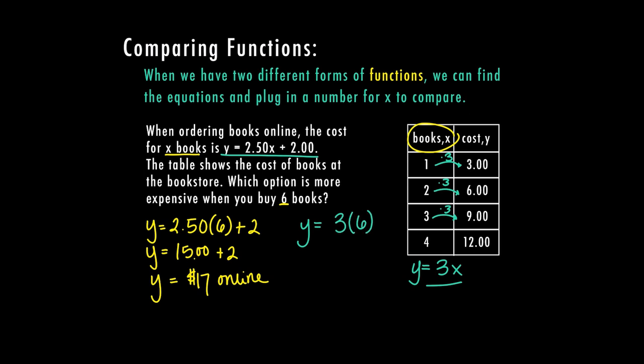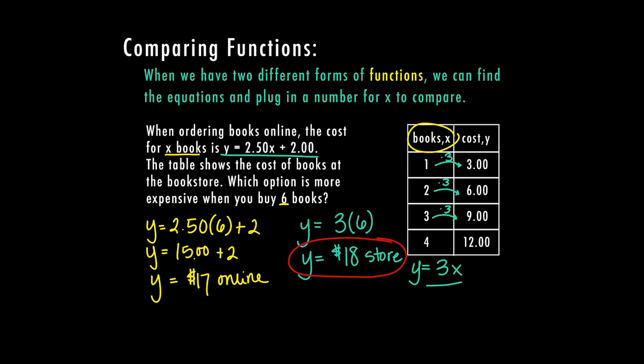So in this case, I have y equals 3 times 6, and I know that 3 times 6 is $18. And this is when I go to the bookstore. So it looks like the most expensive option for 6 books is buying them at the bookstore. It's going to cost $1 more to buy 6 books at the bookstore.